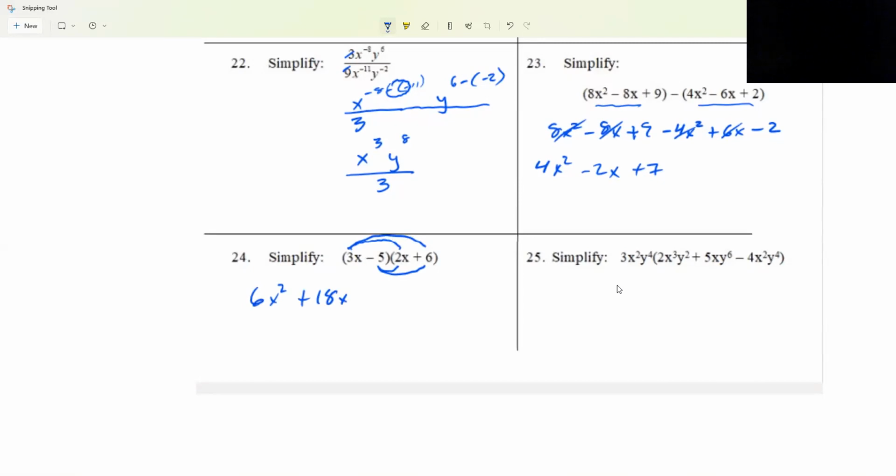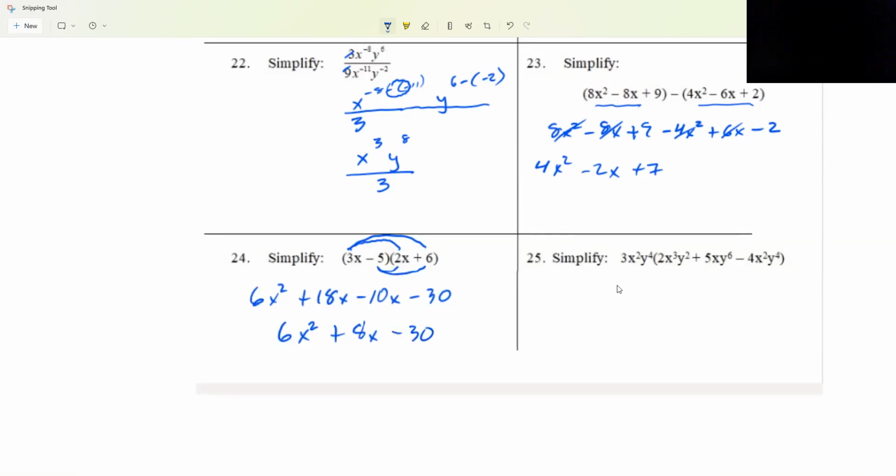Negative 5 times 2x is negative 10x. Negative 5 times positive 6 is going to be negative 30. Now, combine those two middle terms because they're alike. And minus 30.